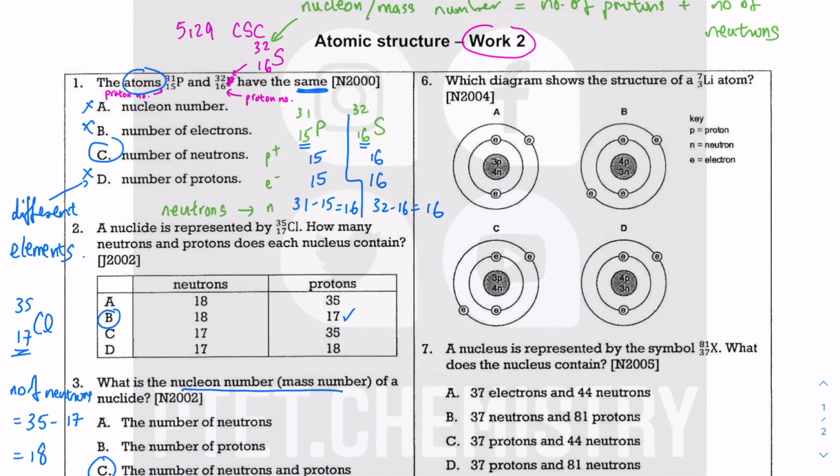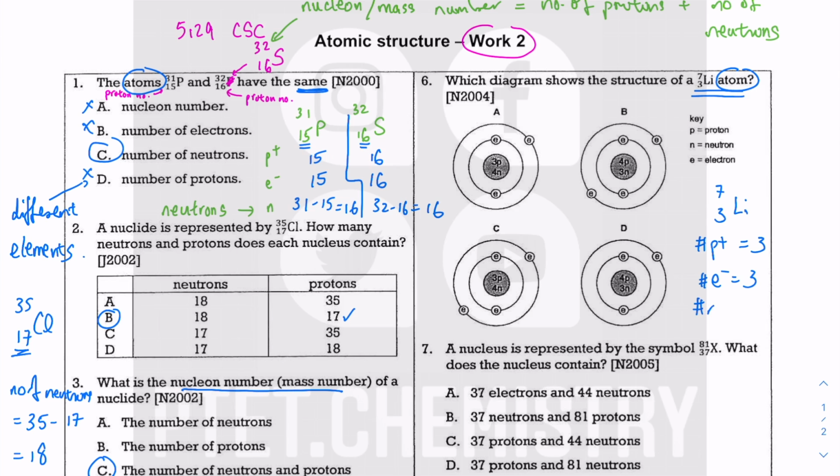Which diagram shows you the structure of an atom for 7,3 lithium? Number of proton is equal to 3 because proton number is at the bottom for the nuclide notation for the international standard. Number of electron is 3 because it says an atom.